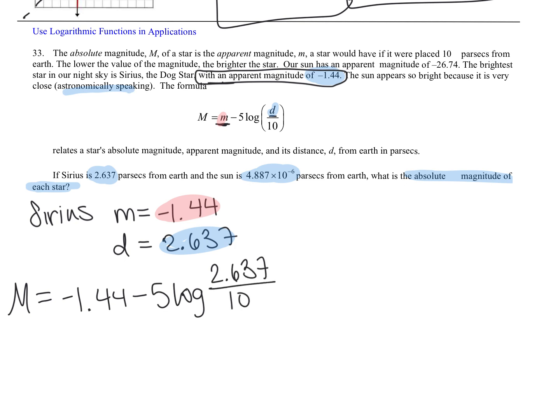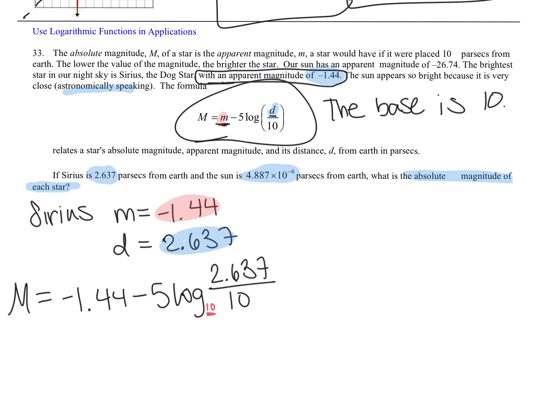Now you'll notice that in this formula, the base is 10 because it's not written, right? Depending on what kind of calculator you have, because you're going to use a calculator for this problem for sure, you need to be aware that the base is 10. For some of you, it will naturally be 10 in your calculator. For others, you'll actually have to put in a little 10 right there.